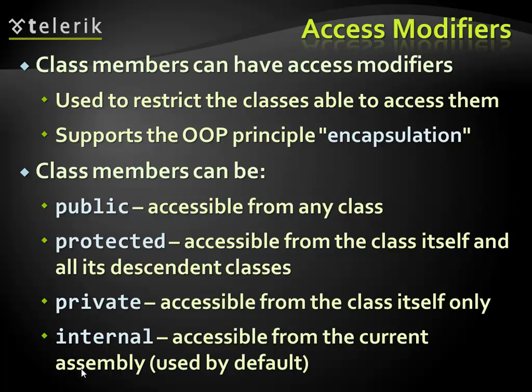And many times I can build, for example, utility classes or classes which have some kind of internal functionality. So these I want to be used from other classes, but I don't want them to be used outside my closed assembly, outside my closed DLL. I want people to be able to connect to it, to refer to it.